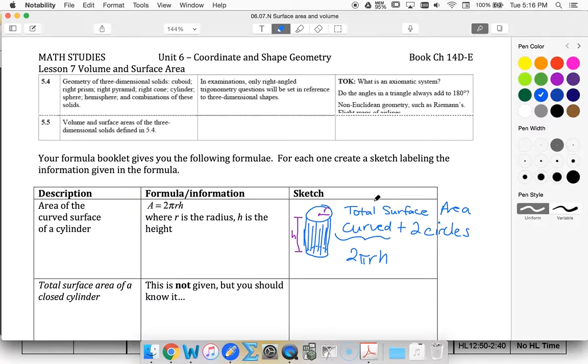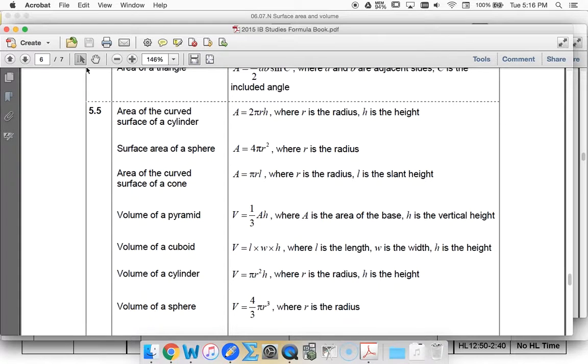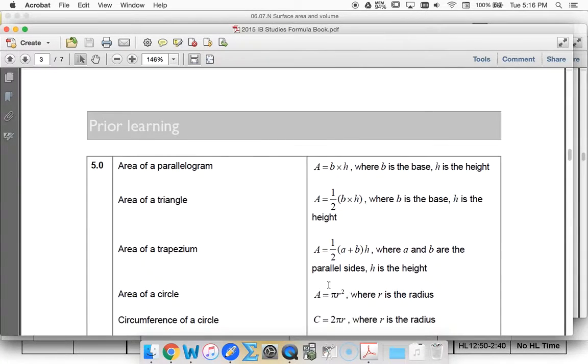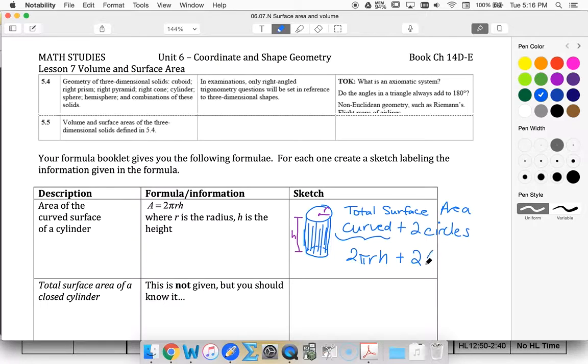And then if we wanted the total surface area, we would add 2 circles. And I know that the area of a circle, that's going to be in the prior learning page, is pi r squared. So since I have 2 of those, I would say 2 times pi r squared, and the r is going to be my same r as up here.